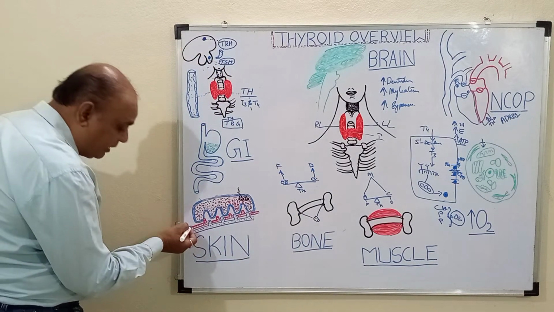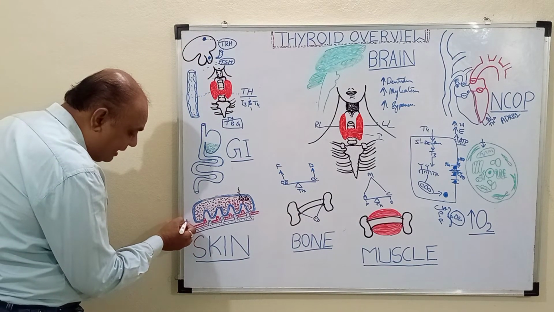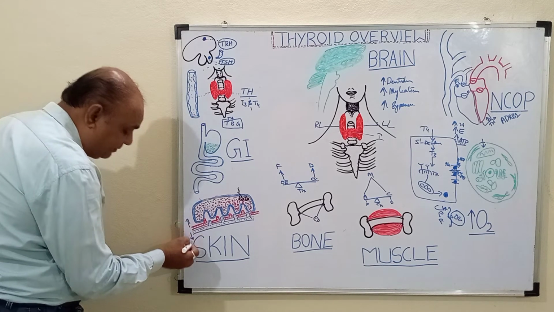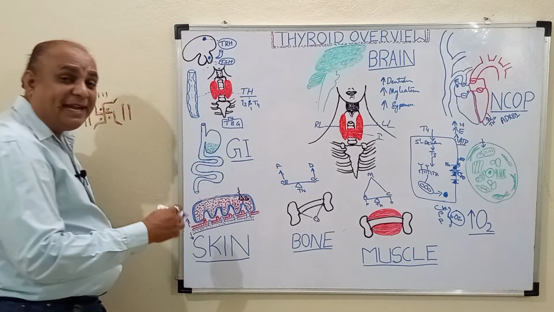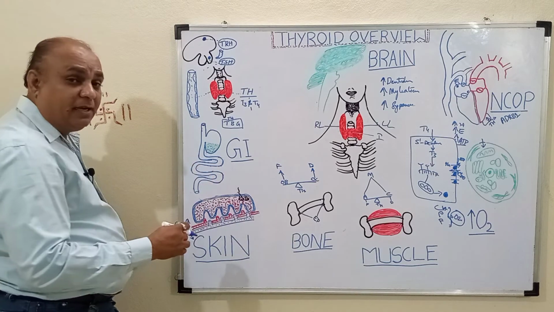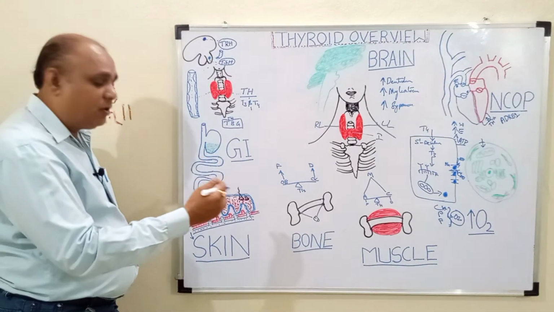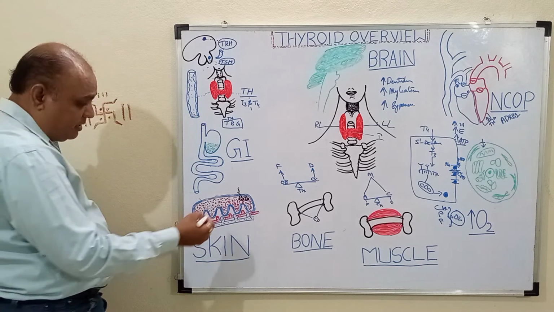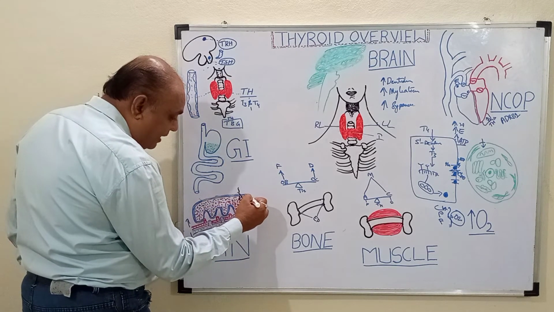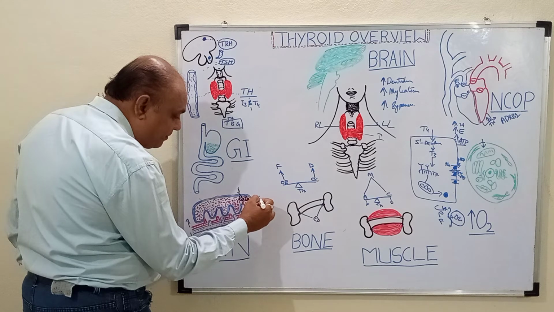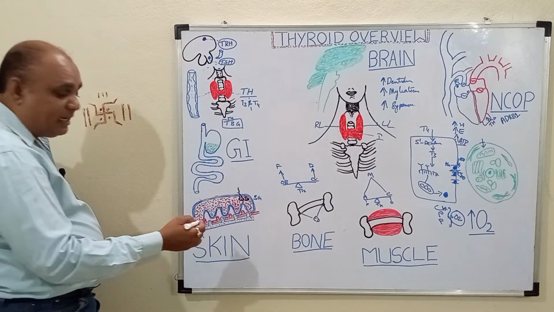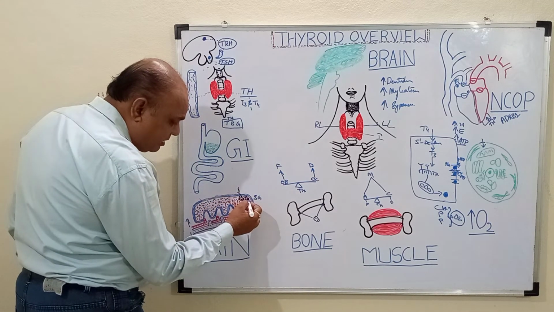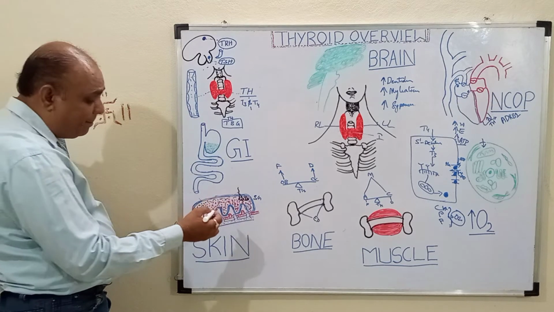In skin, the thyroid hormone dilates the blood vessels to radiate the heat of the skin to bring the body back to the normal level. Apart from dilating the blood vessels, the thyroid hormone also acts on sweat glands. Now we have sweat glands, eccrine and apocrine.